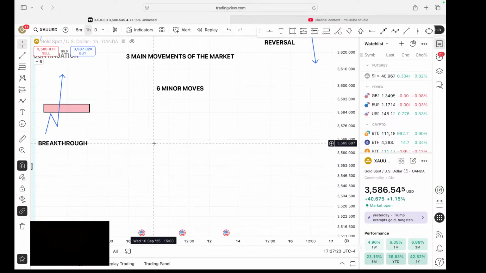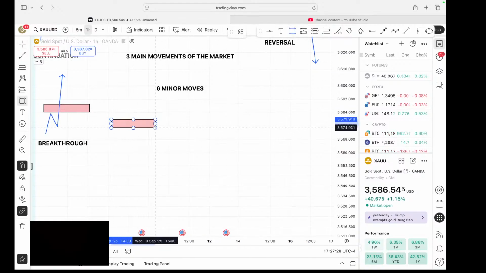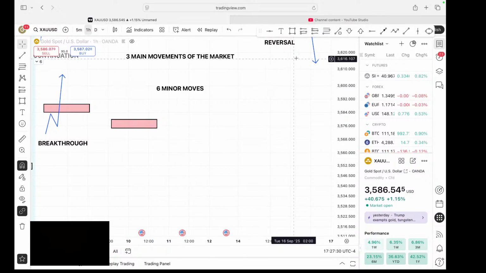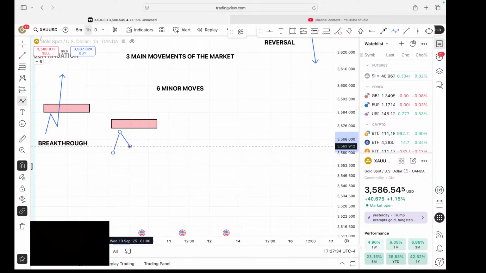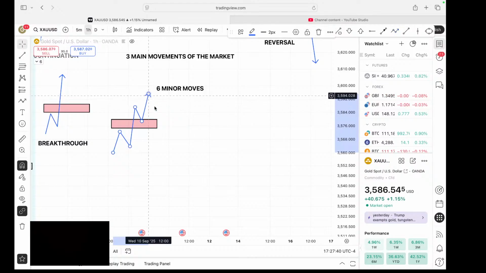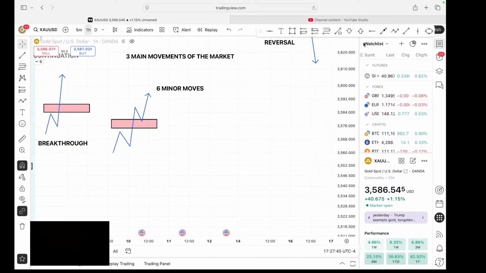All right, the next move is called the breakthrough and retest. So price is going up, breaks through, retest, meaning that it comes back and touches the area it just broke through, and then it goes further up, right? So I'm just gonna put BNR for this. BNR again stands for breakthrough and retest.